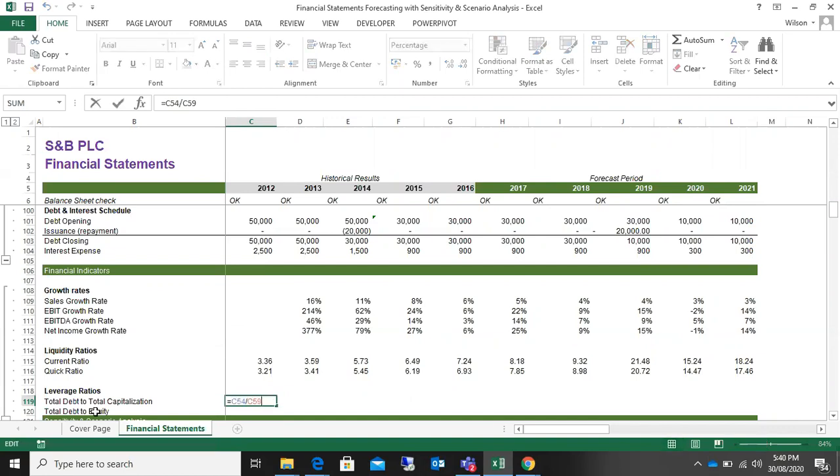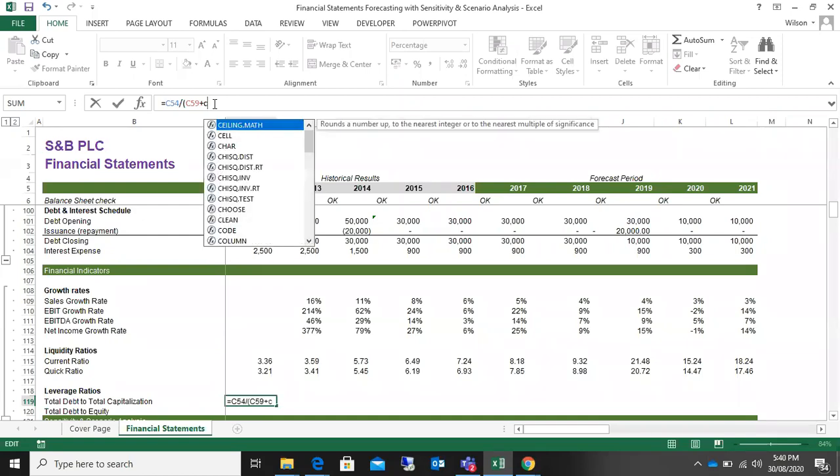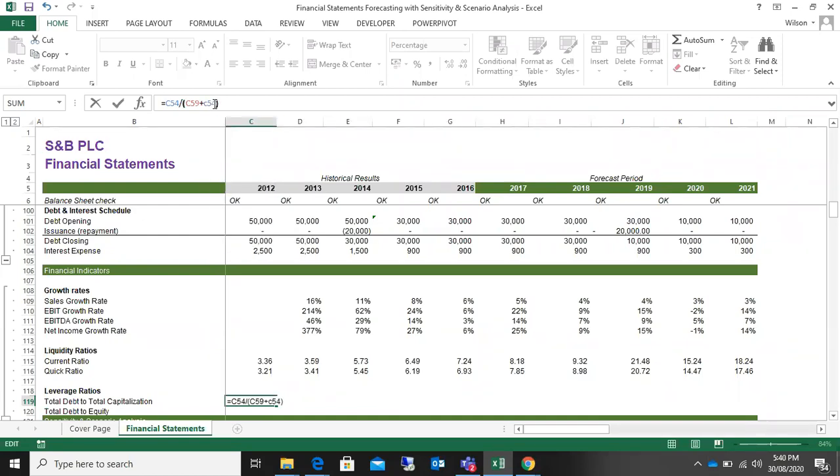For total debt to total capitalization, total capitalization is made up of debt and equity, right? So it's going to be this plus, please don't forget, we're still going to add C54. Capitalization is all of your equity plus your debt. Normally the company's capital structure is made up of debt and equity.